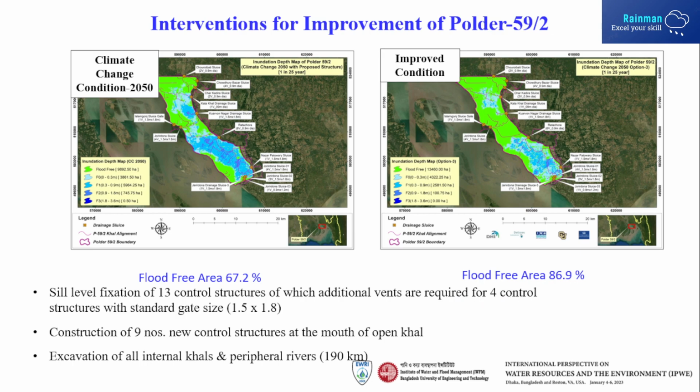And for Polder 59/2, similarly, we get 86.9% inundation-free area in the improvement option.